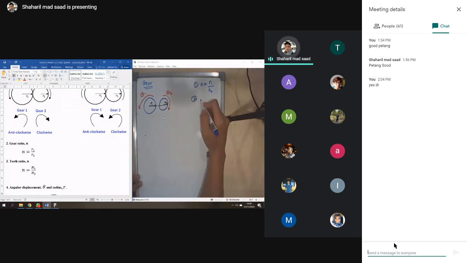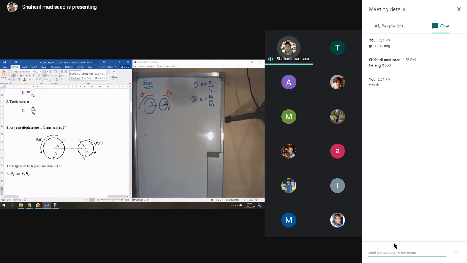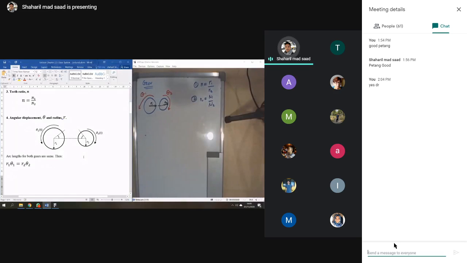Then you also have the T ratio, the teeth ratio. I don't know why they use the same symbol. And then you can get another equation between the angular displacement and the radius.